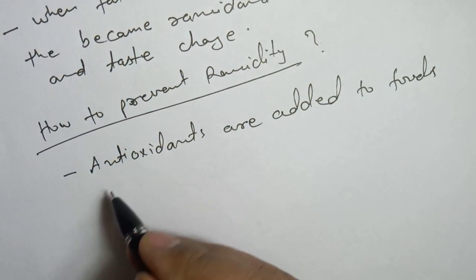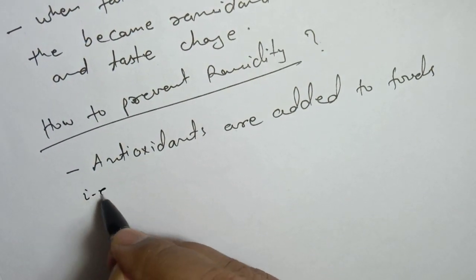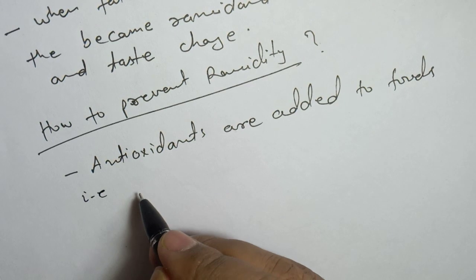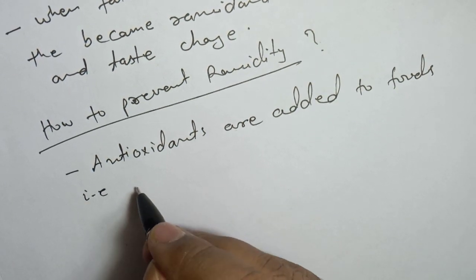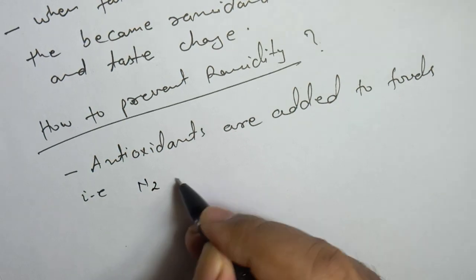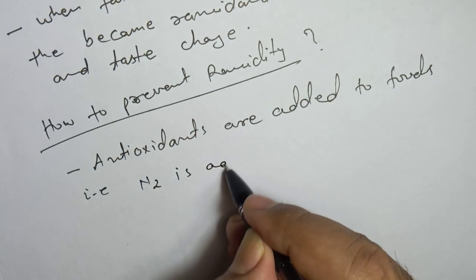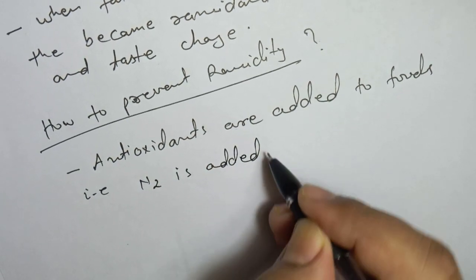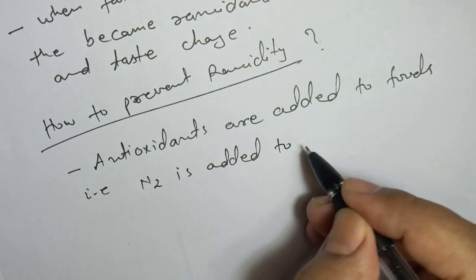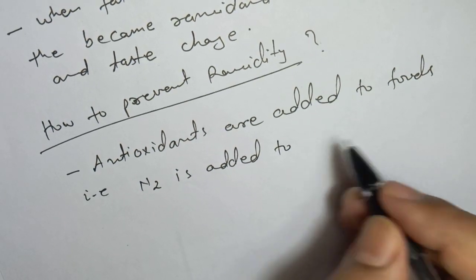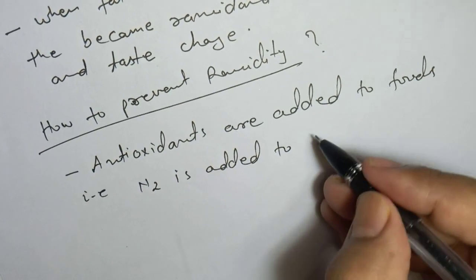Next, what is the example? Now we're going to have N2, nitrogen gas, to be used. So like N2 is added to what? Very commonly used in everyday life, the packets of chips, isn't it?